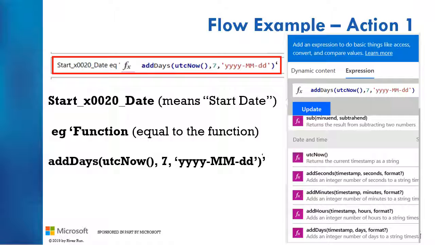All of these functions I dragged and dropped from the dynamic content and expression list that was to the right. If you can program an Excel data sheet, if you can create a macro, you can create this. It really isn't very difficult.